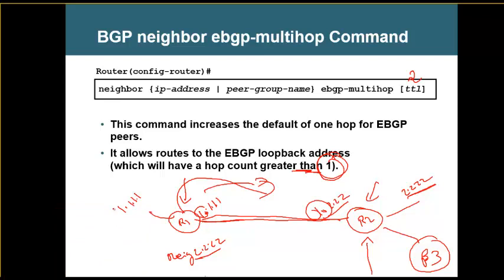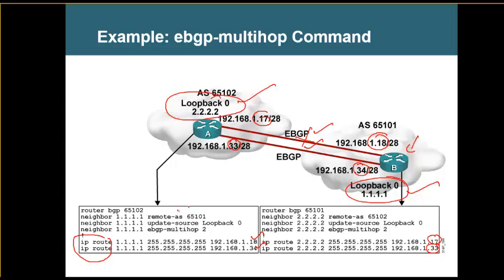When router 1 knows that the neighbor cannot be directly connected because the TTL is configured as 2, it ignores the rule that the neighbor needs to be seen as directly connected in the routing table, and now tries to send the packet out. That's why we need this command.